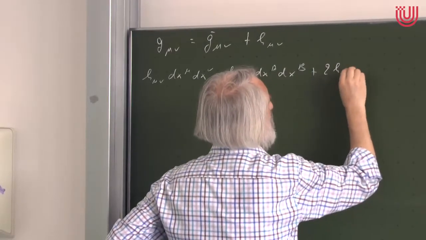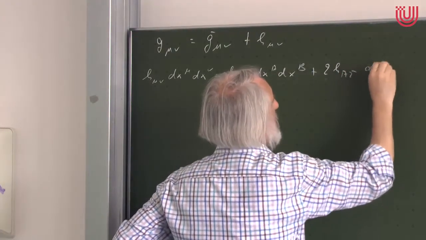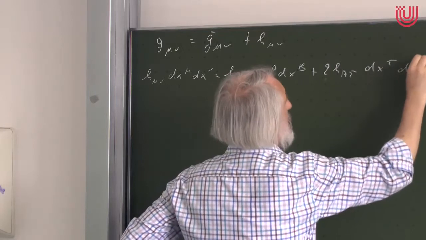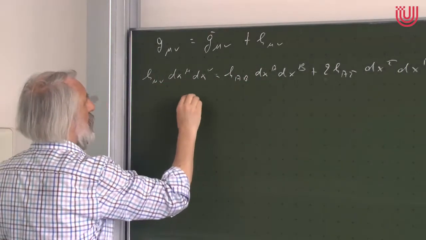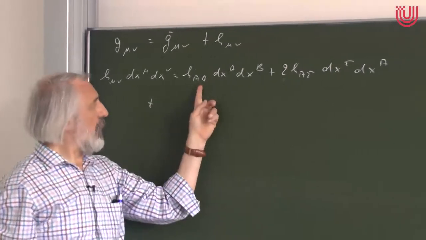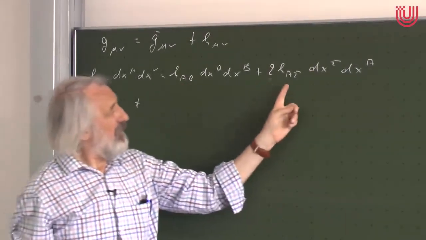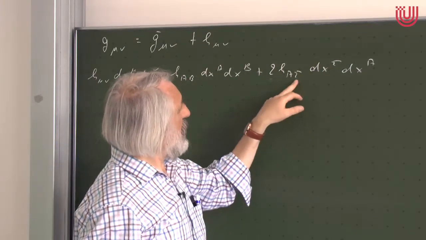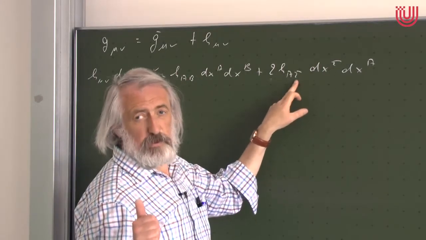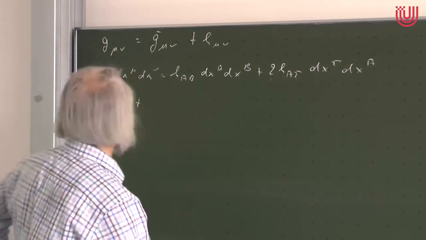This is A sigma dx sigma dx a. And then I have the purely angular part, where capital Greek indices take the values theta and phi. Yeah, these are the angular parts.